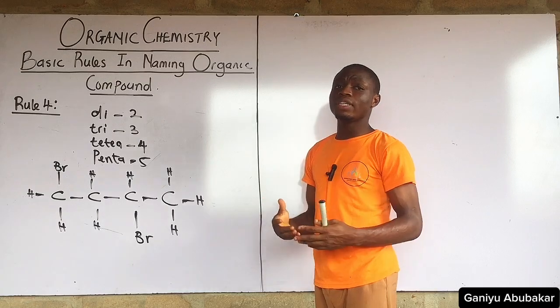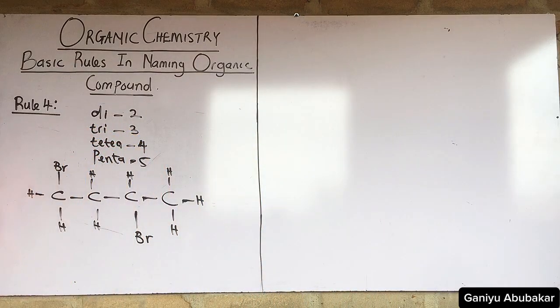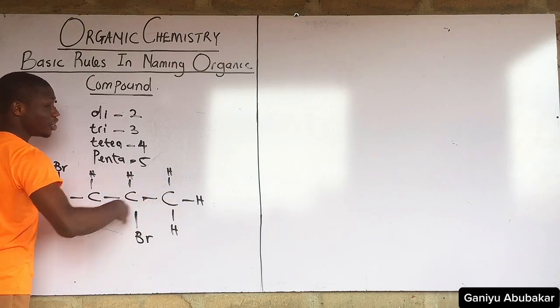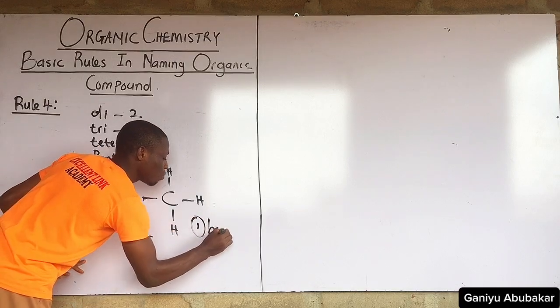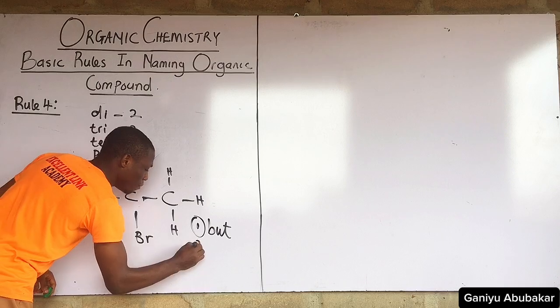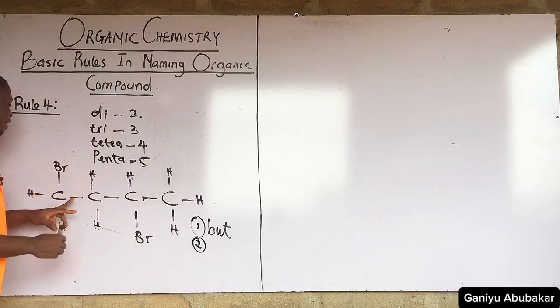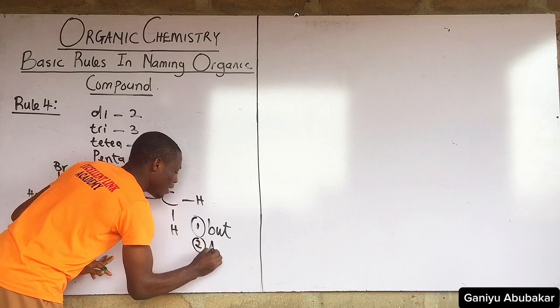Let's name this compound here. Rule 1 says select the longest continuous carbon chain. My longest continuous carbon chain here is 1, 2, 3, 4. 4 is the longest, so 4 is the root. What's rule 2? Rule 2 says identify the functional group. I am seeing single bond, single bond, single bond. A single bond means an alkane.